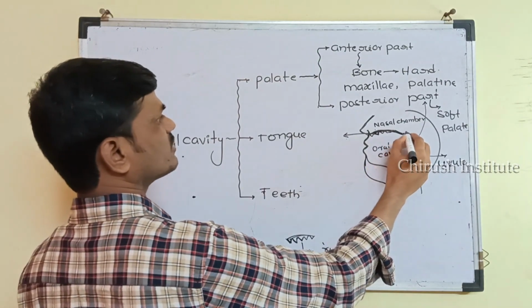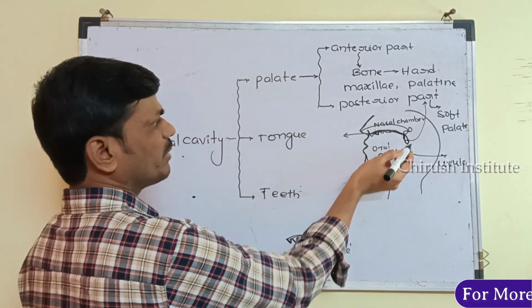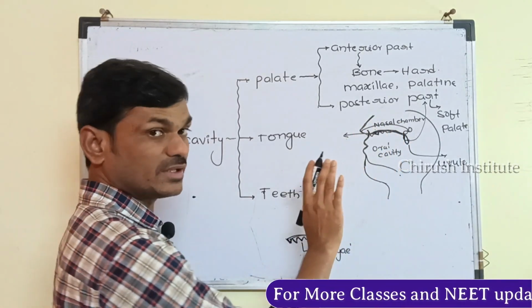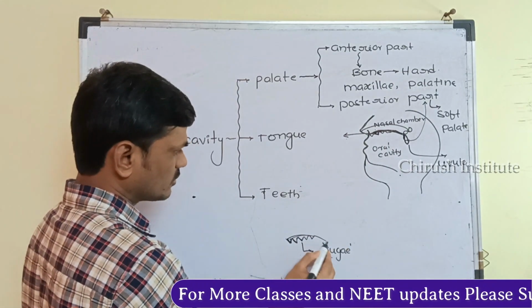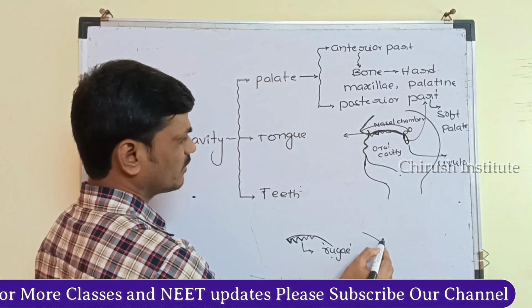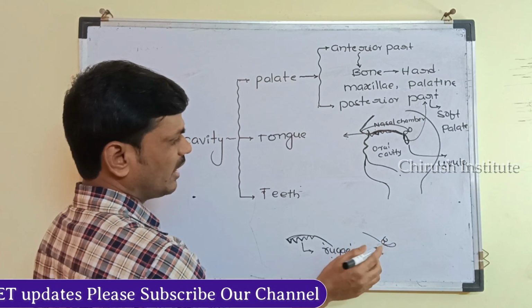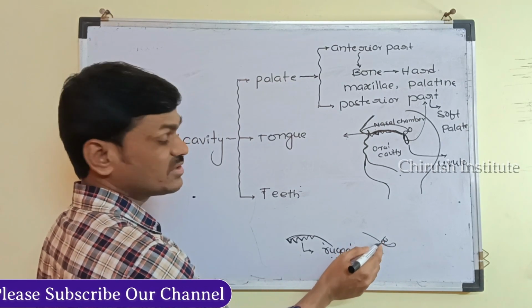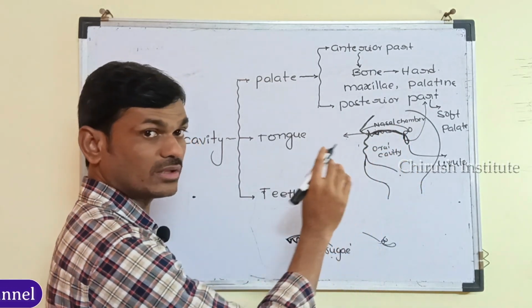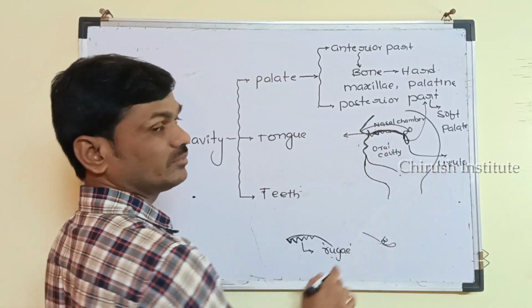The uvula is drawn backward along with the soft palate, closing the nasal chamber and preventing entry of food and water into the nasal chamber. That is the main function of the uvula.